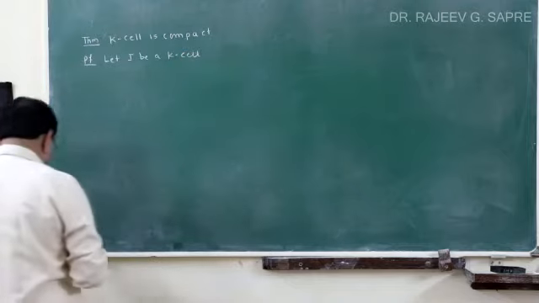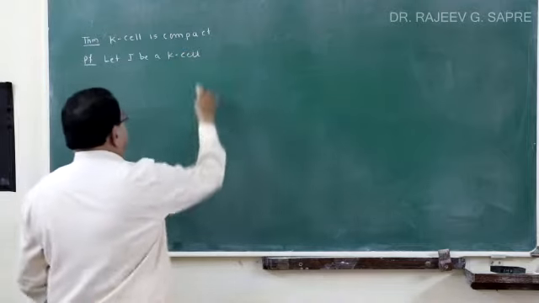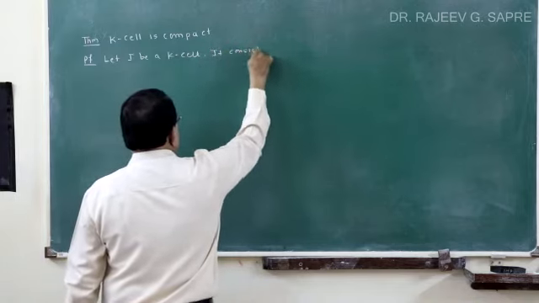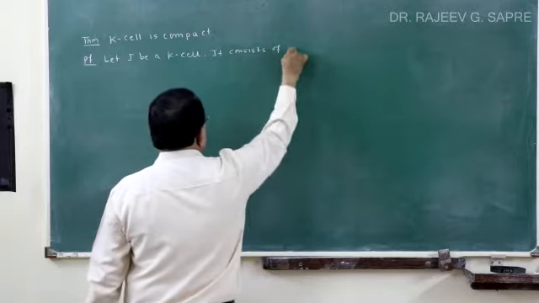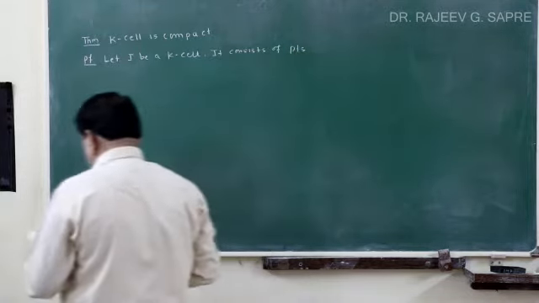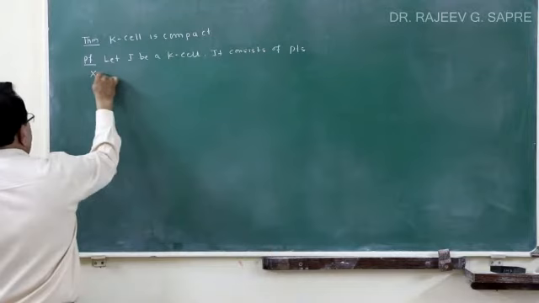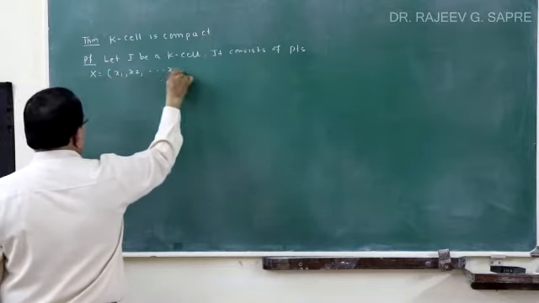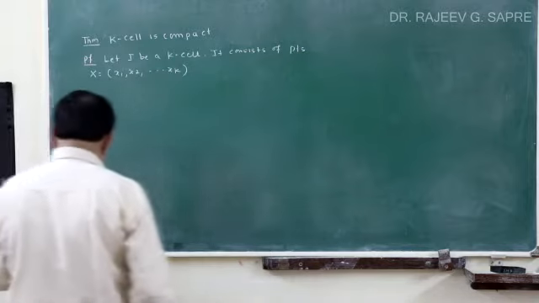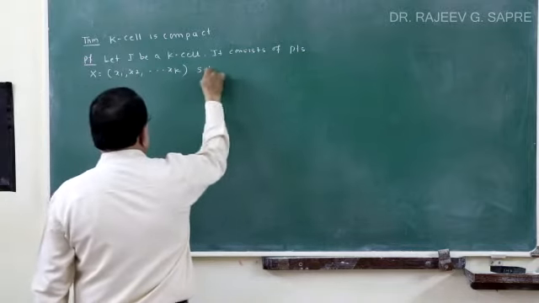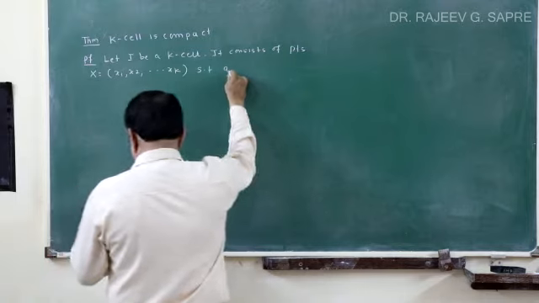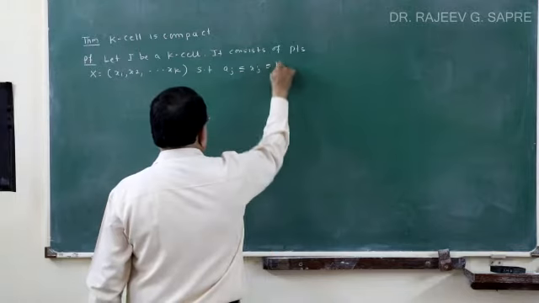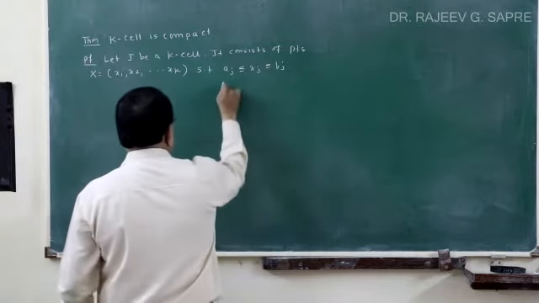Now what do you mean by this? It consists of points of the type x = (x1, x2, and so on up to xk) such that aj is less than or equal to xj less than or equal to bj, where j takes values from 1 to k.